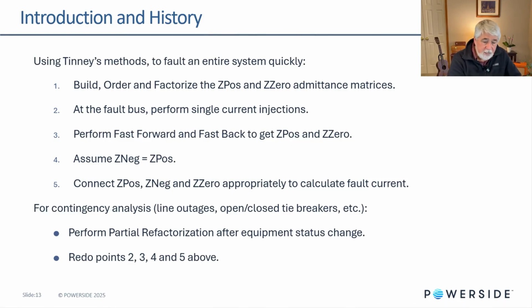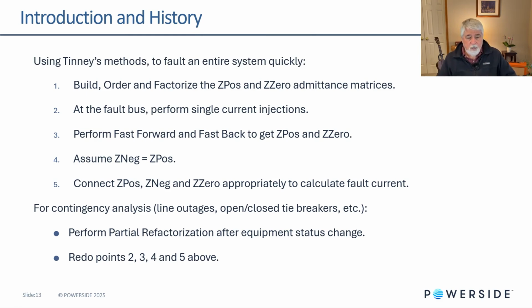If you then assume the negative is equal to the positive and then connect those impedances appropriately, then you can calculate any form of fault, whether it's line to ground, line to line, double line to ground. And in particular, for a line to ground fault, you take Z positive, negative, and zero, and put them all in series so that you can calculate the fault current.